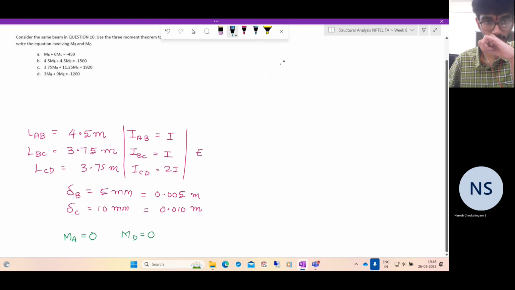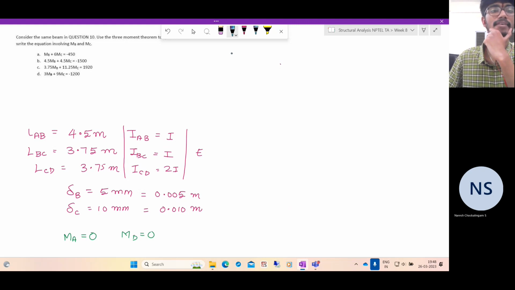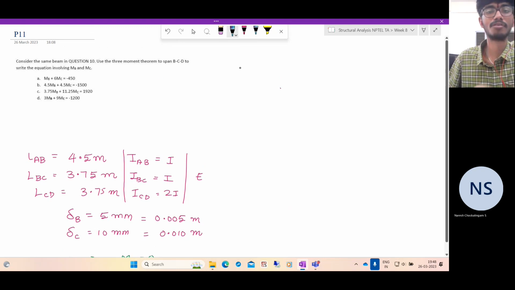Now we need to write the three moment equation for the span BCD. So what is it?